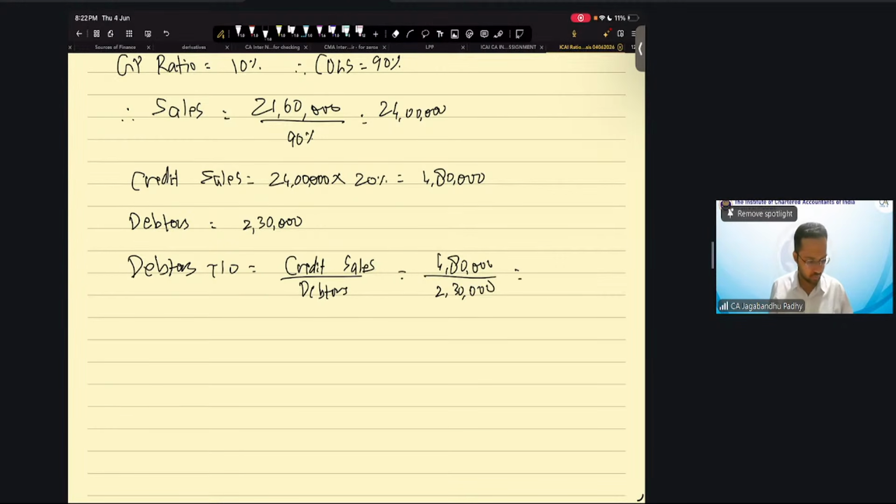How much is this debtors turnover ratio? 2.086 or 2.087.